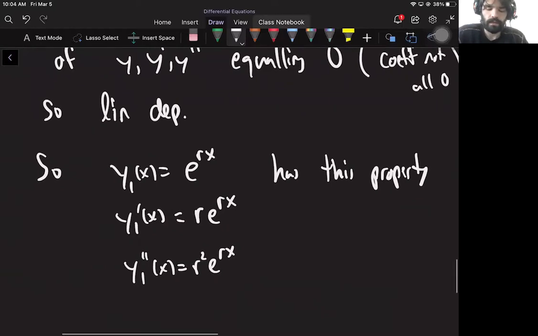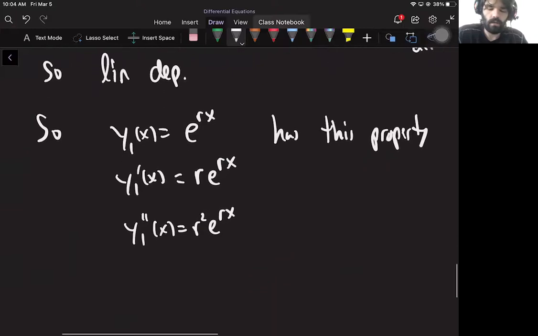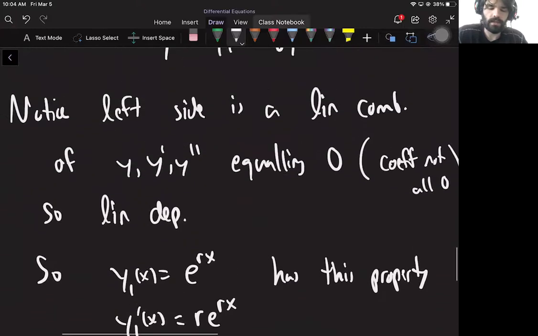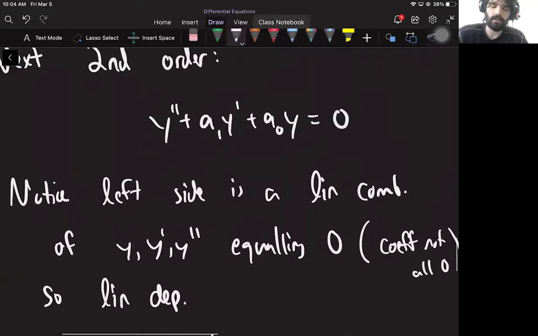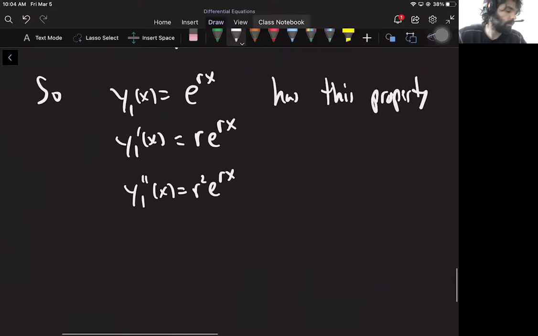And then what I want to do is plug these back in and see what exactly r has to be for it to equal 0. So that's what we're going to do next, just like before.